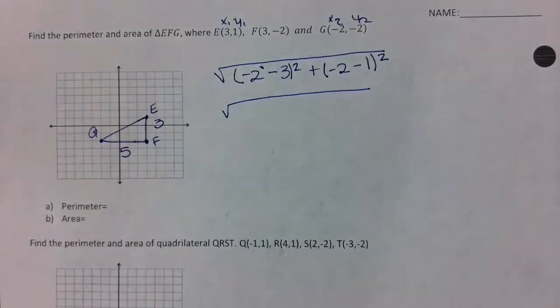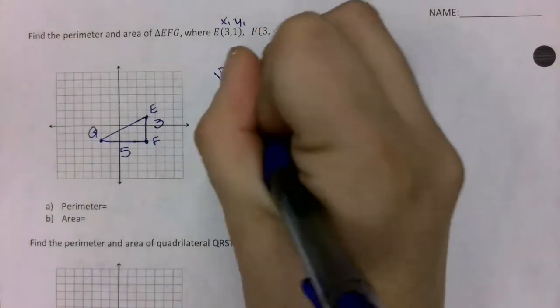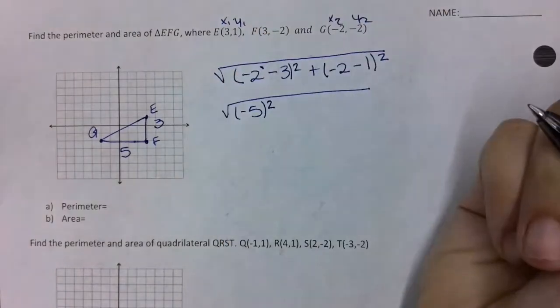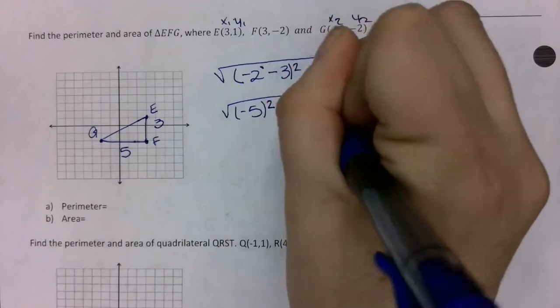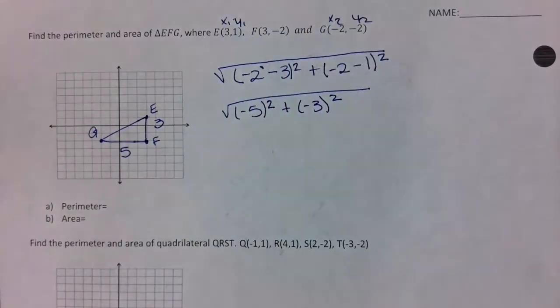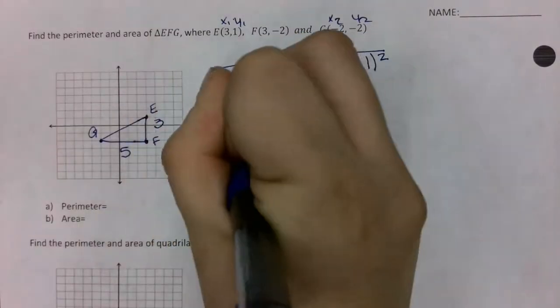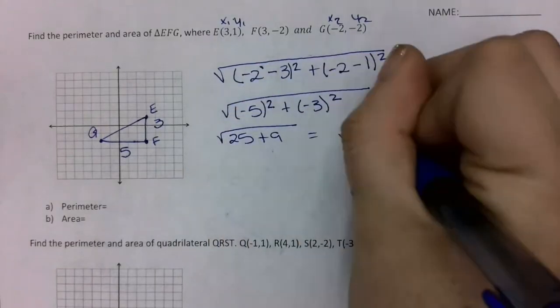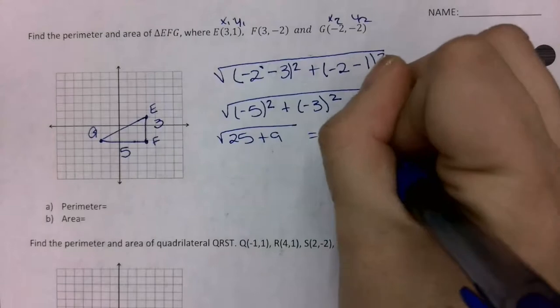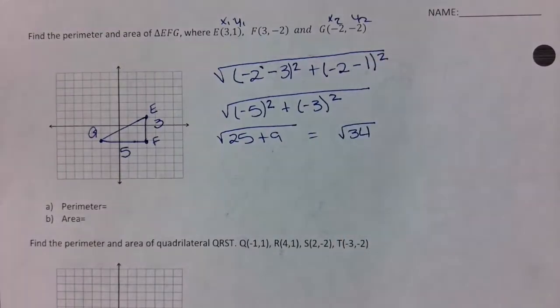What's negative 2 minus 3? Negative 5. And 25 plus 9. No, 34. Is 34 a nice square root?